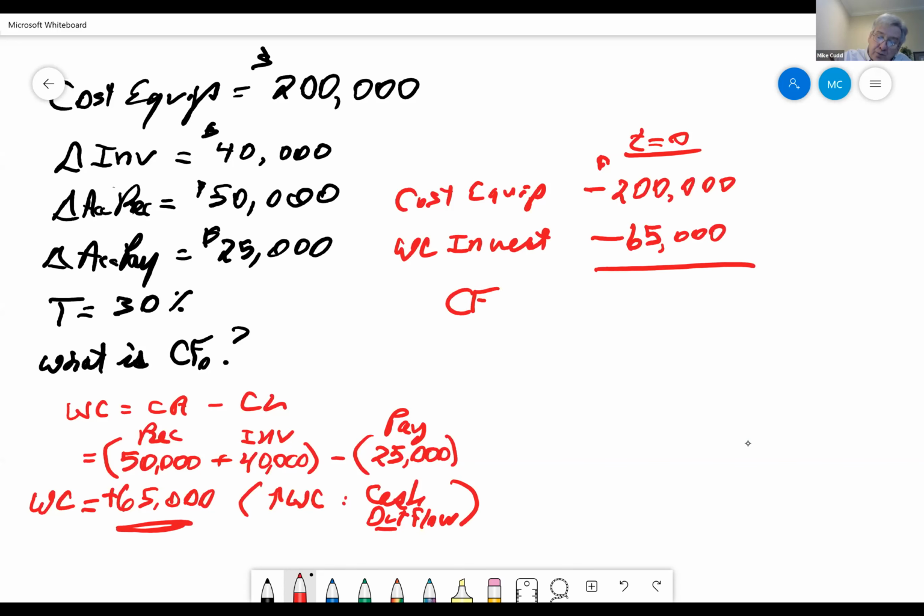So our total incremental cash flow at time zero would be what, 265? My check figure was wrong.